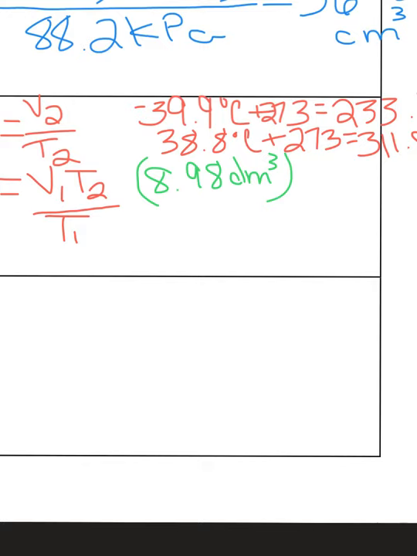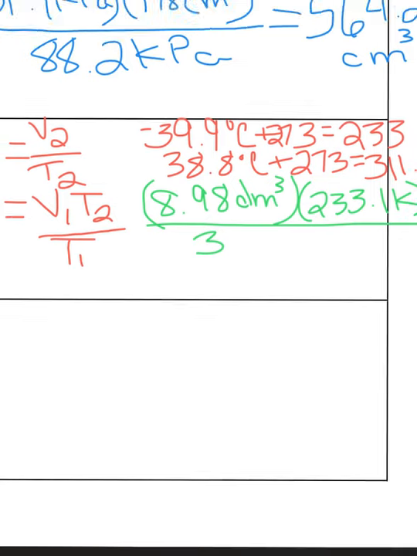So our T2 is 233.1 Kelvin. No degrees Kelvin, just Kelvin. And then divided by T1 in Kelvins again, 311.8 Kelvin.